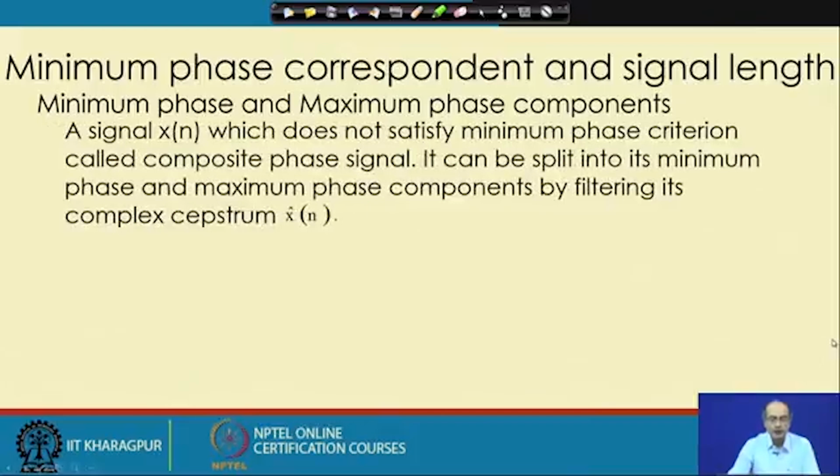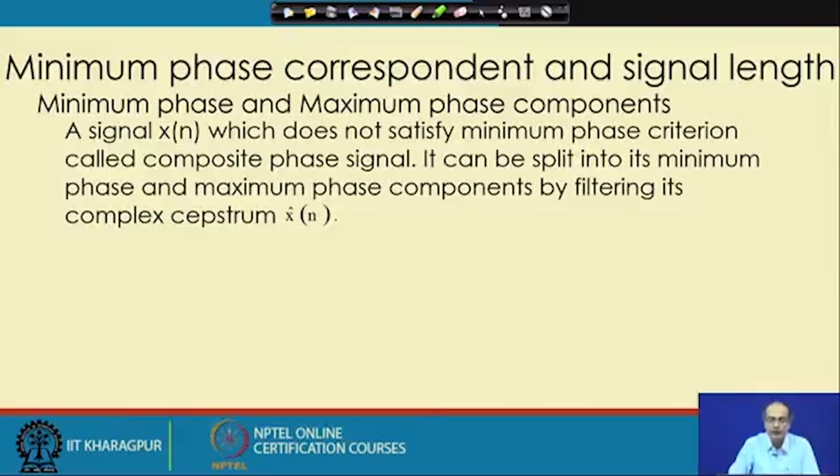So, now we try to get the thing clear. We started with a signal x[n] which does not satisfy the minimum phase criteria. If it is not a minimum phase signal, the most general form could be maximum phase or mixed phase.